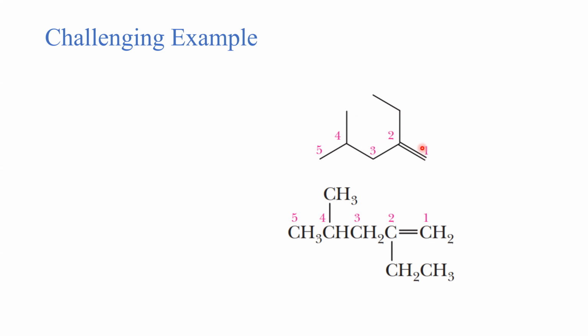So the functionality, which is the major functionality in that molecule, is the double bond. So we have to select the longest chain on which we can categorize that molecule in a certain class of organic compound. So that is why we include that carbon in the longest chain. So that is the side, 1, 2, 3, 4, 5.